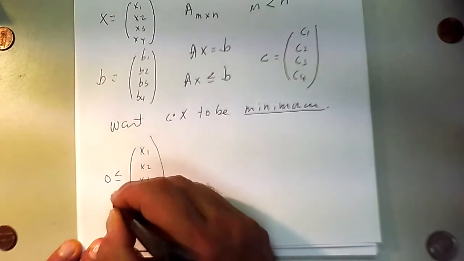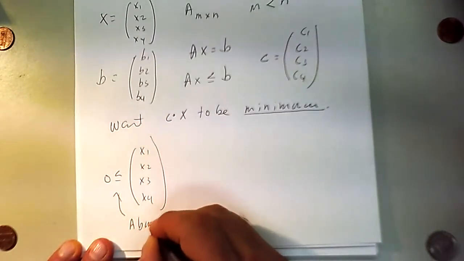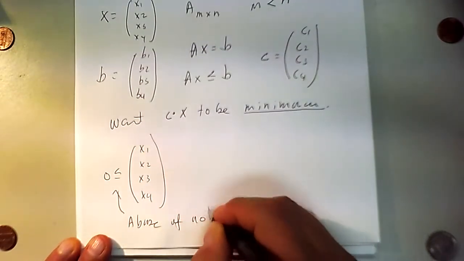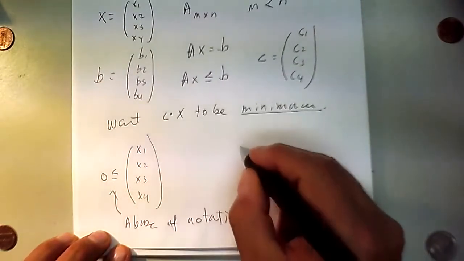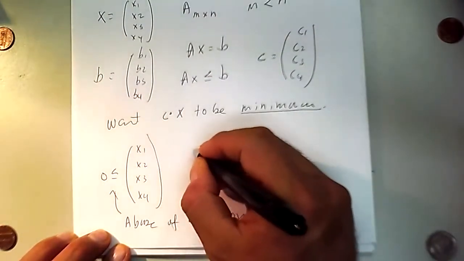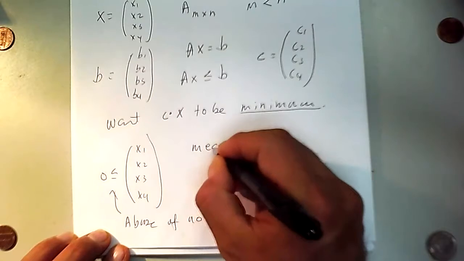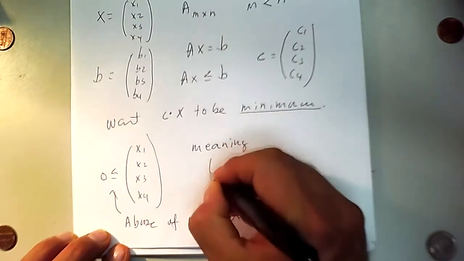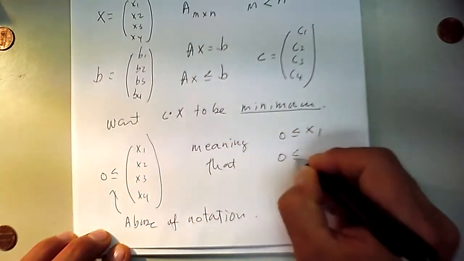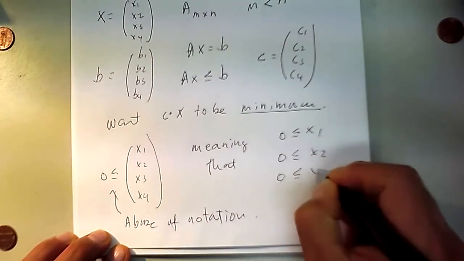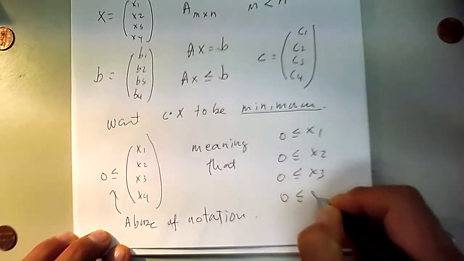Again, this is really abuse of notation. Technically speaking, that doesn't make sense. But what we mean is that 0 is less than or equal to x1, 0 is less than or equal to x2, 0 is less than or equal to x3, and 0 is less than or equal to x4.